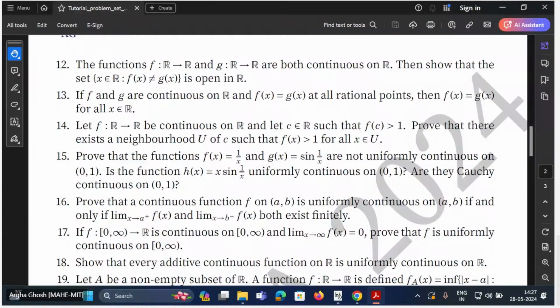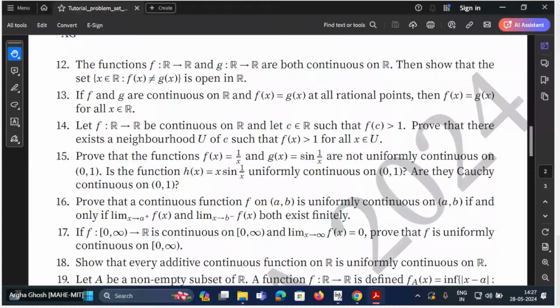So we will try to solve the question, but before that, the hint is to try to solve question number 16. If you can solve question number 16, then you can solve question number 15. Let's say that question number 16 is true, and try to solve question number 15 first.